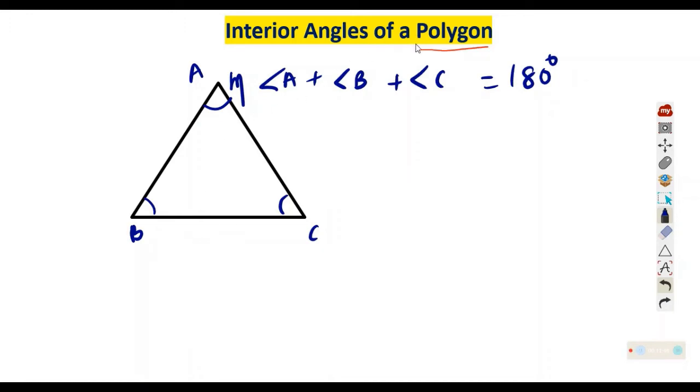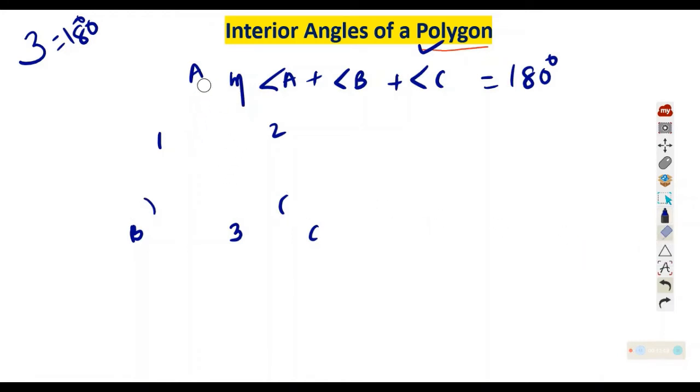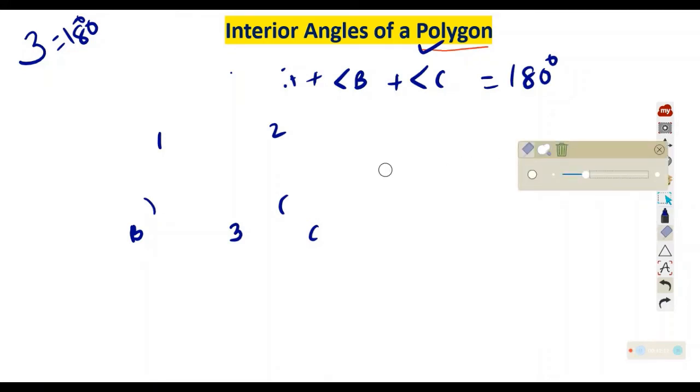So this is a polygon, three-sided, 1, 2, 3. A three-sided polygon here, and I got 180 degrees as the measure of interior angles. I am thinking about taking another polygon.